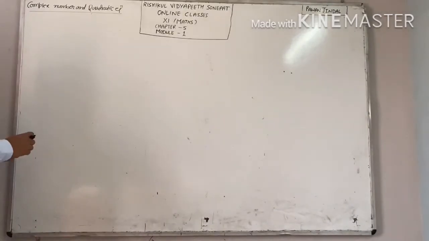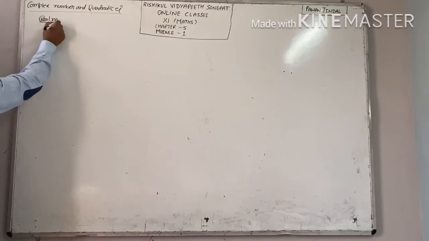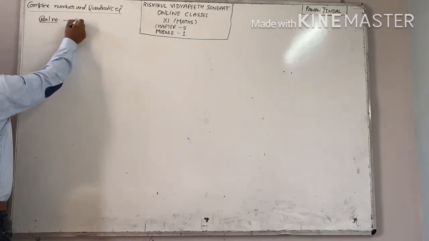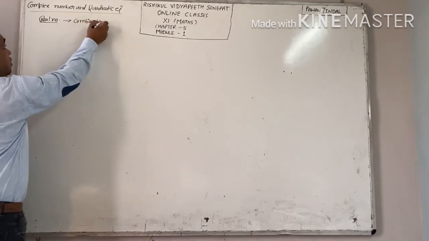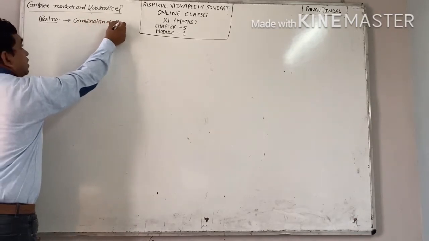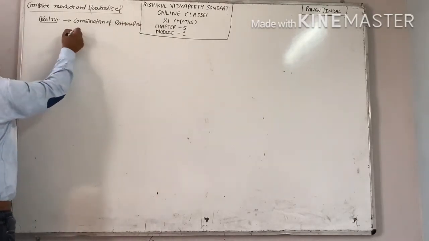Now see, till now you have studied about real number, and real number you know very well. Real number is a combination of rational number and irrational number.